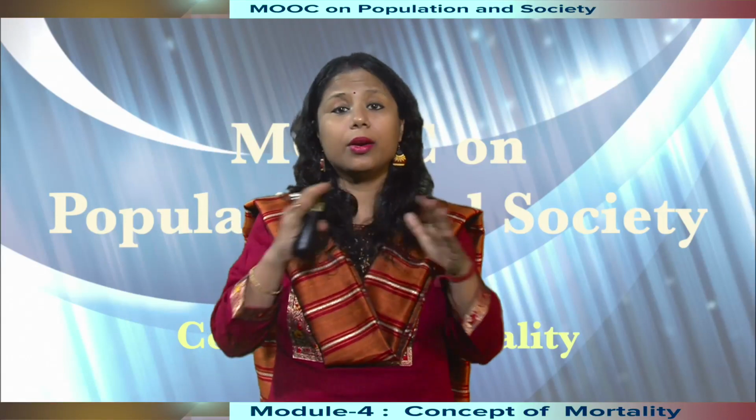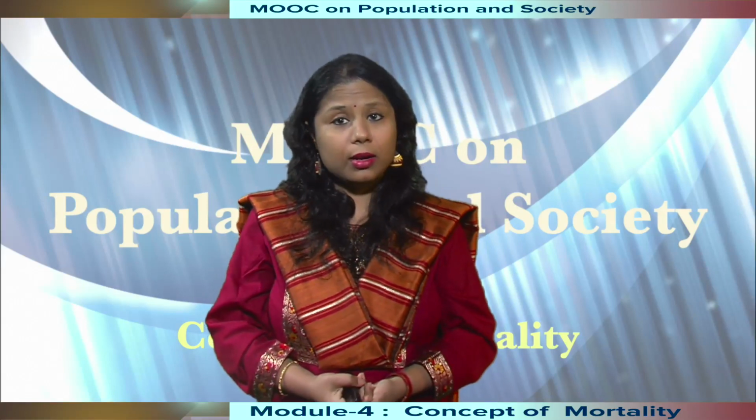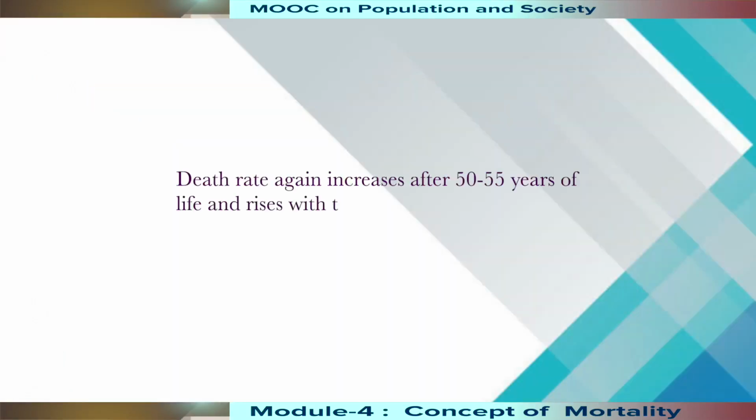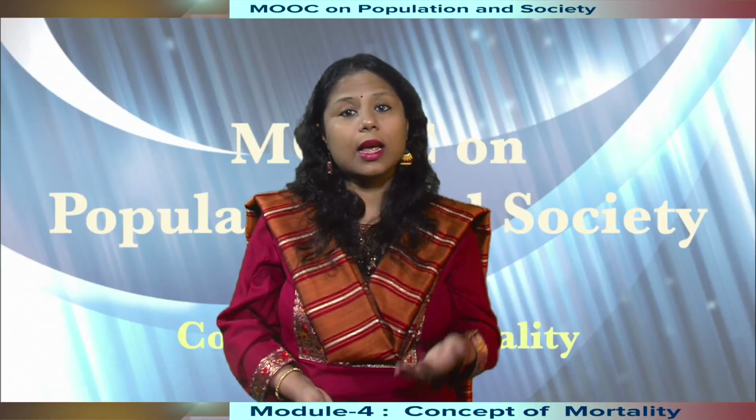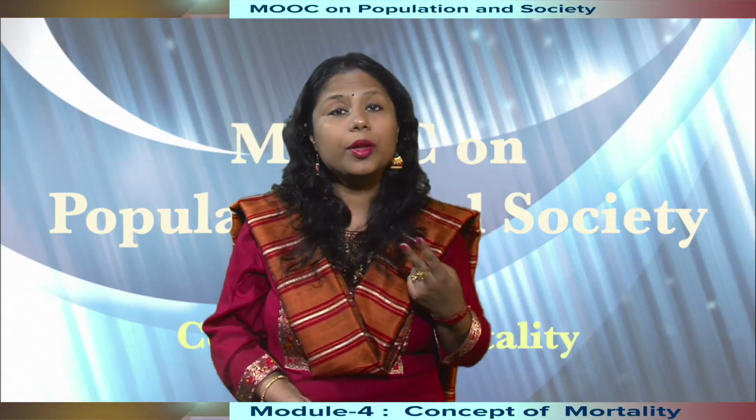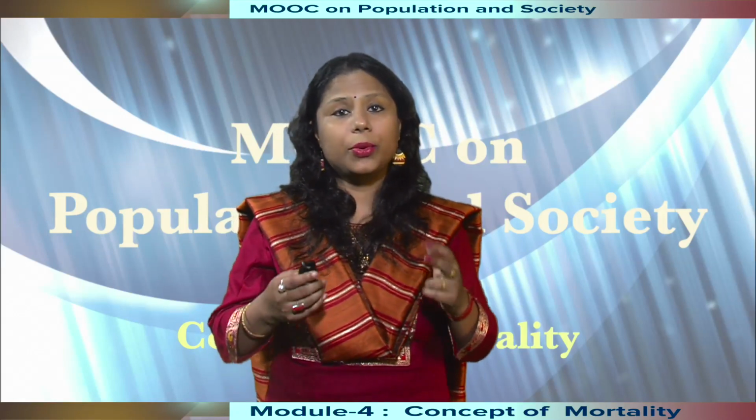This is true across the globe. Similarly, death rate again increases after 50 to 55 years of life and rises with the increasing age of a person. So the infancy stage and the old age are two periods in life when death rate is higher.